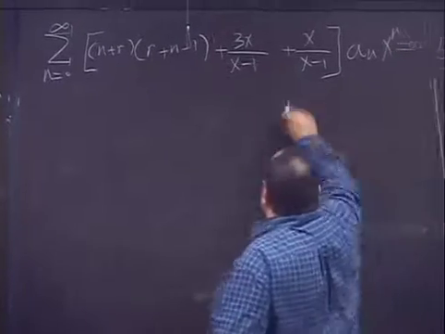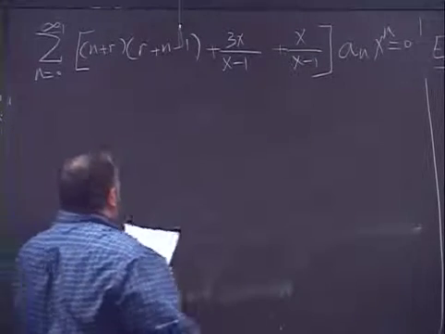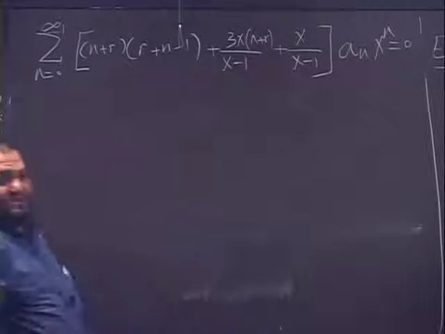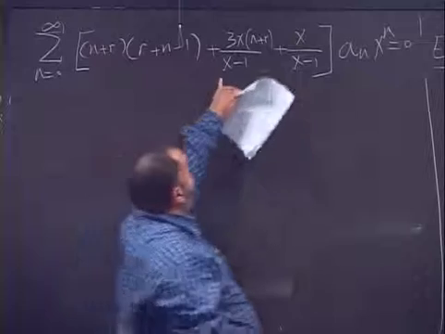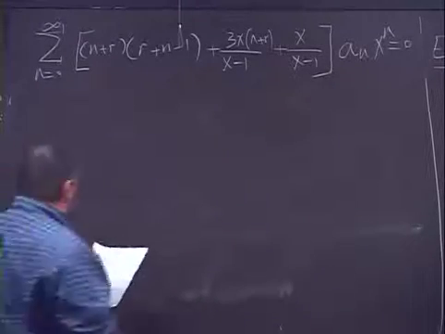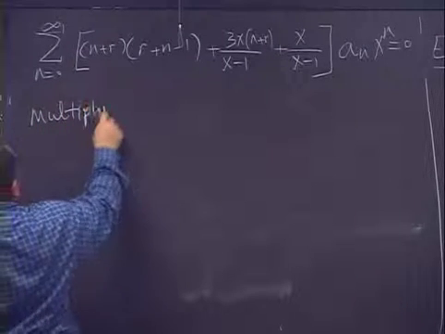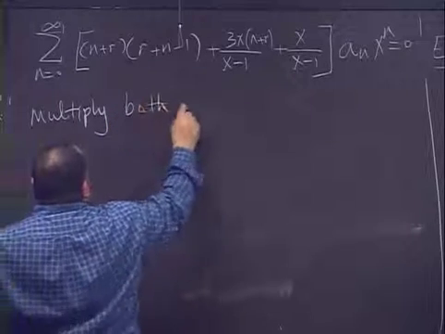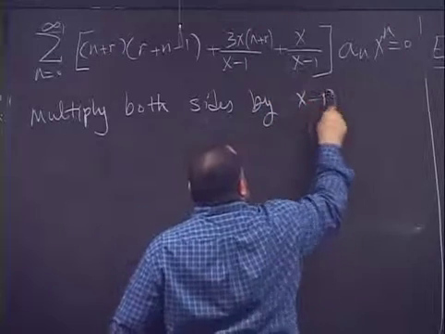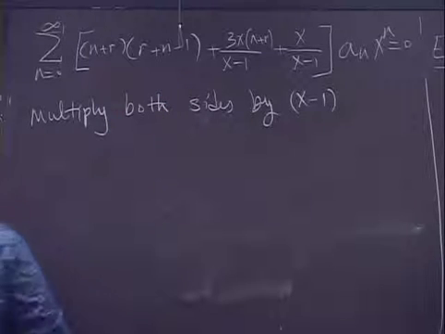On that second term, are you missing n plus r? Thank you. So because we have in the denominator here, for those two terms, x minus 1, I can multiply both sides by x minus 1 so that I can get rid of x minus 1 from here.